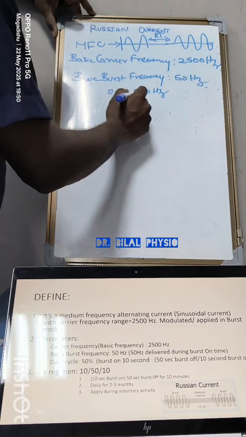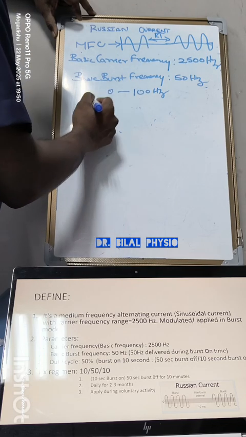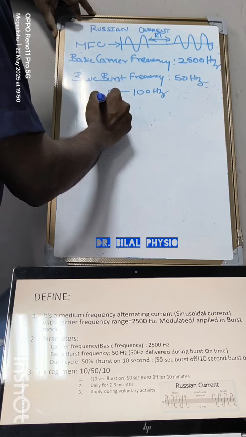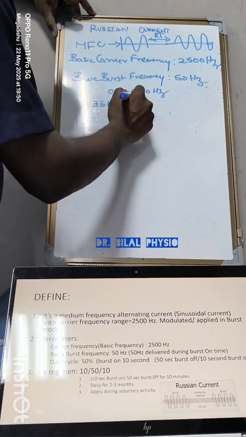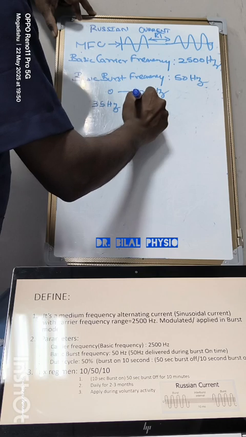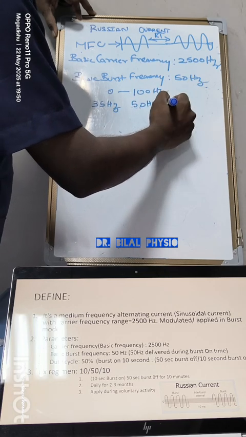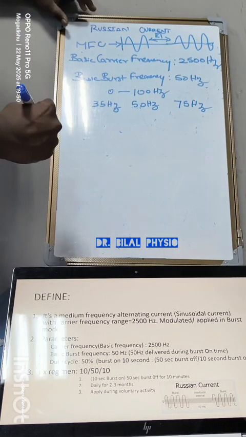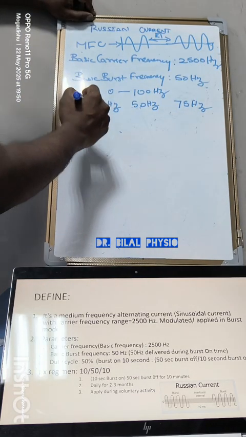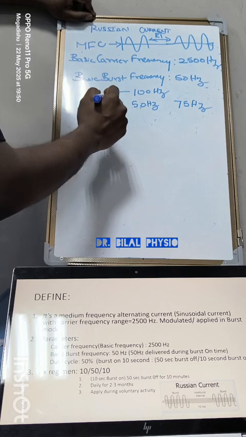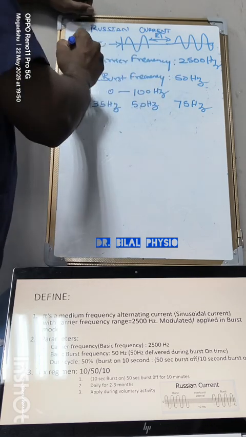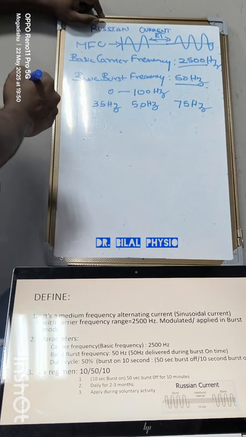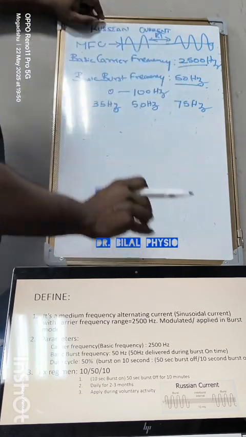This range will vary based on the clinical condition. For some patients we choose 35 Hz, for some 50 Hz, for some 75 Hz of burst frequency. So the basic carrier frequency starts from 2500 Hz and the basic burst frequency starts from 50 Hz.